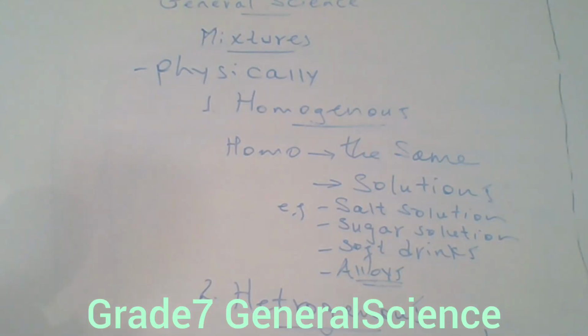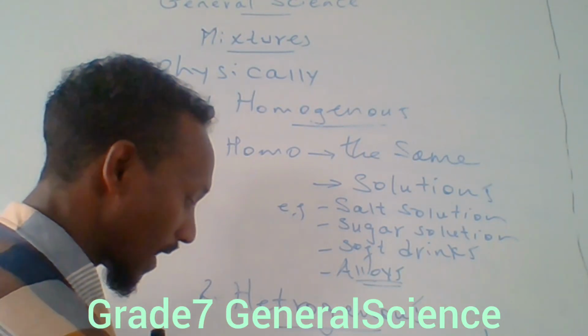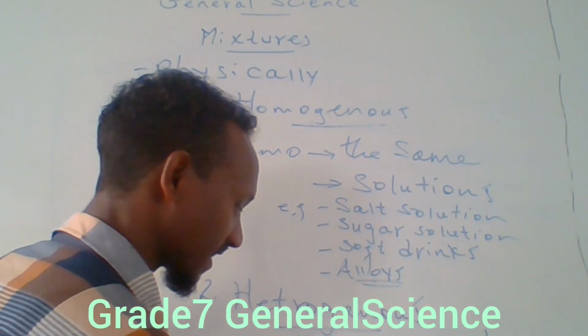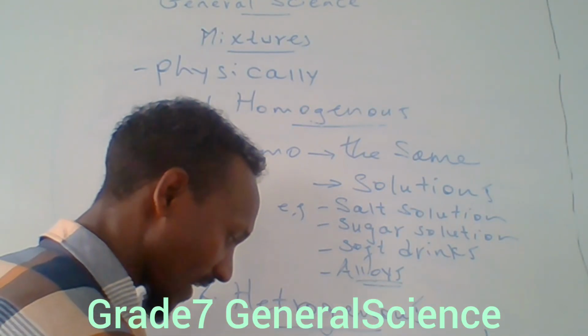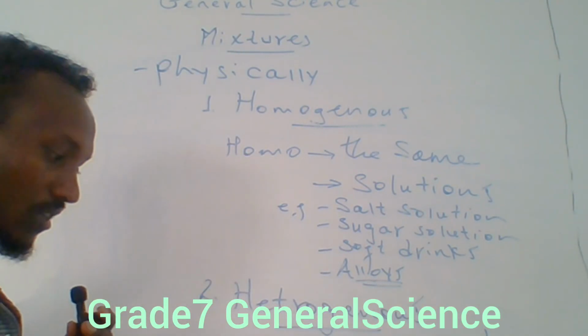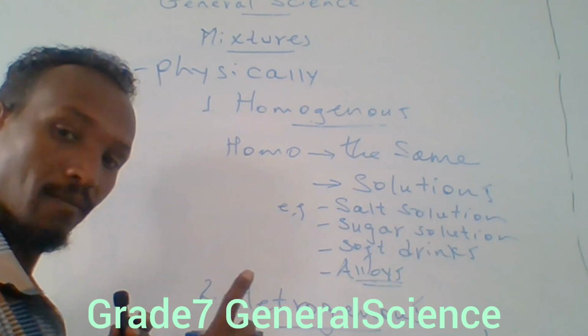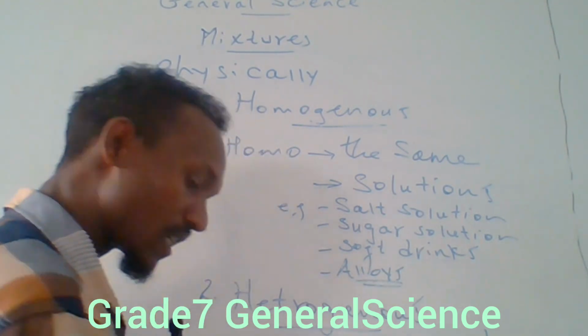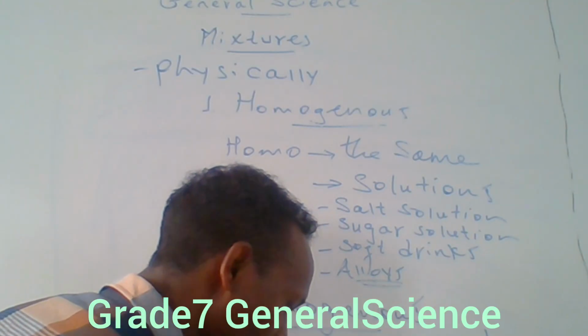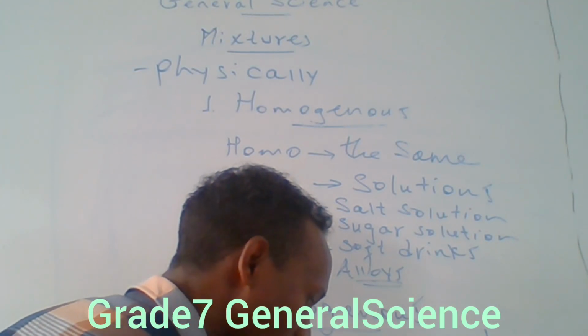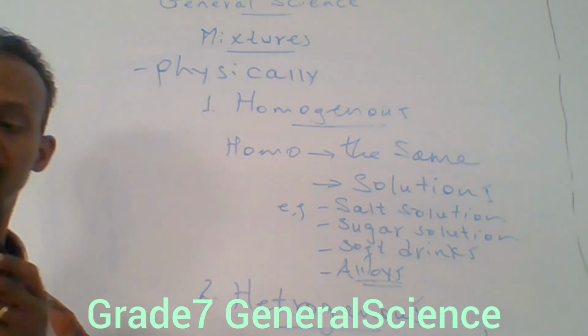Here are examples of heterogeneous mixtures. Blood is an example of a heterogeneous mixture. Milk is an example of a heterogeneous mixture. There are different types of mixtures. Mixtures of oil and water are also heterogeneous mixtures.